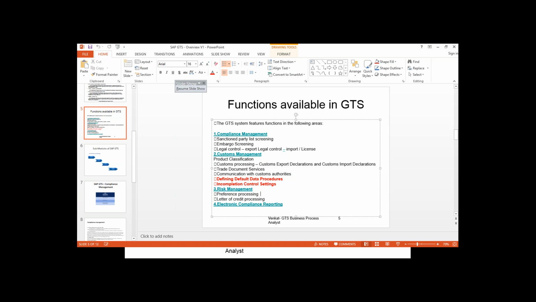Does that answer your question, Vikas? Yeah, Venkat. So to sum it up, preference processing, as in your example, is in the area of free trade zones.